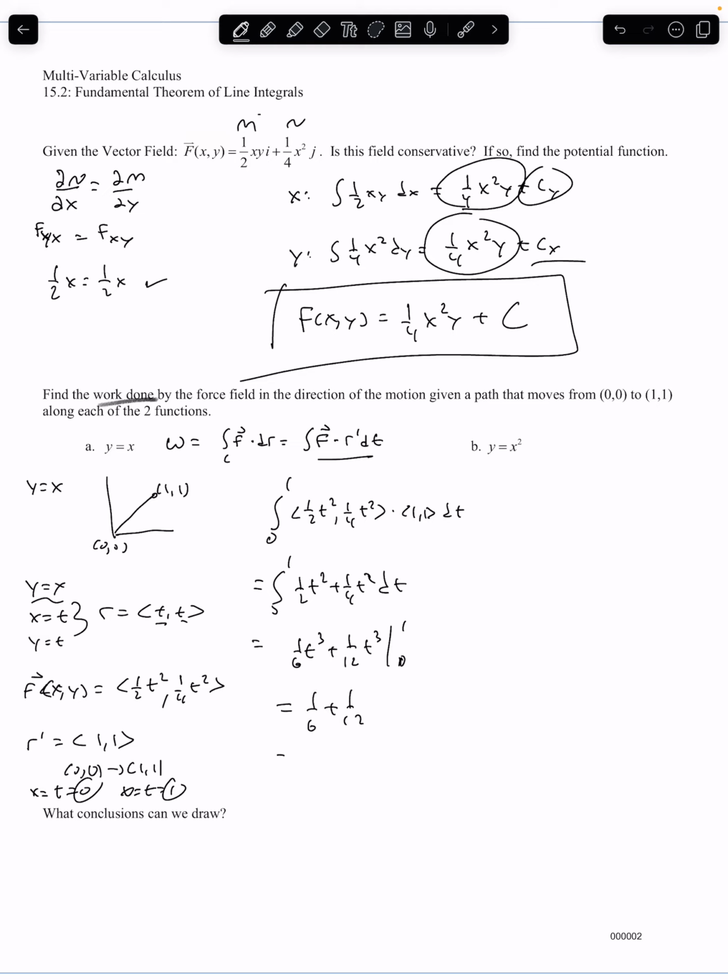We can simplify this as well. That's 2 over 12 plus 1 over 12, which is 3/12, which is just 1/4. And there is our work.